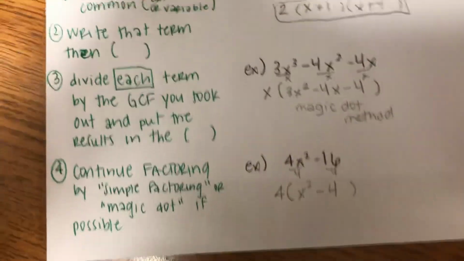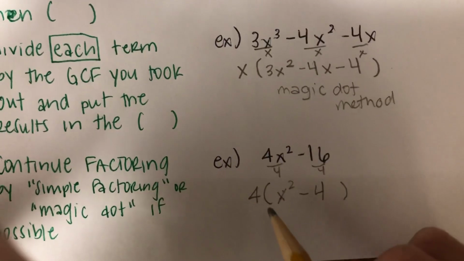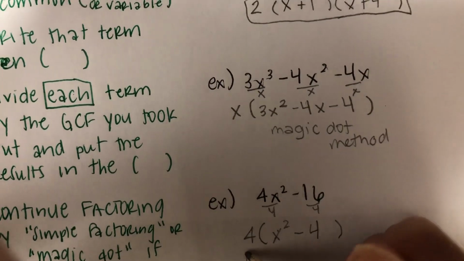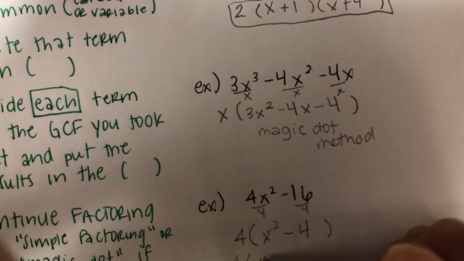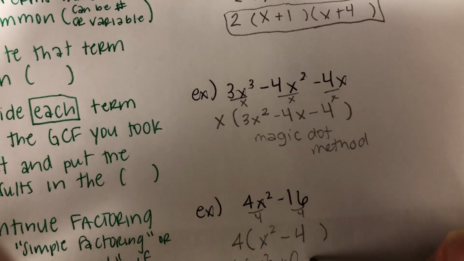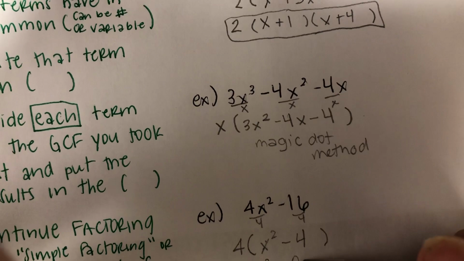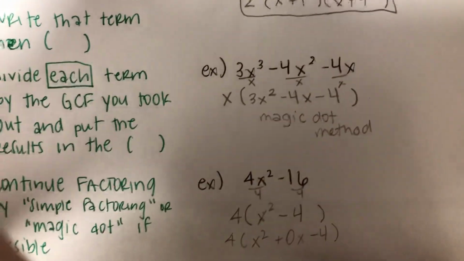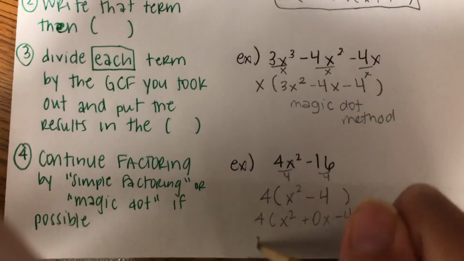16 divided by 4 gives me 4. Now in this case, I definitely notice it's simple factoring because there's nothing next to x squared, but there is no middle term. So I'm going to pretend to write in a middle term. So if there is nothing there, I'm going to put a 0 there. And again, following the simple factoring rules, we're dragging down the GCF.